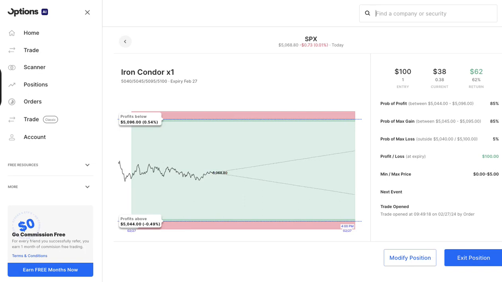It's down maybe 5 points. So as of now, this Condor is performing well. Its current value is 35. It was sold at $1, so it's $100. Currently, we're at $35 on a one lot, and the profit is about $65.